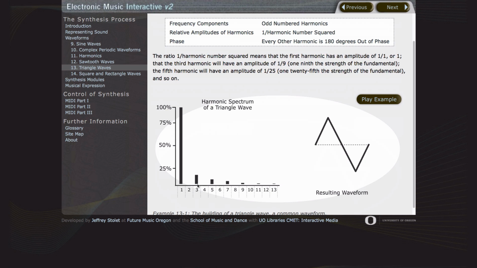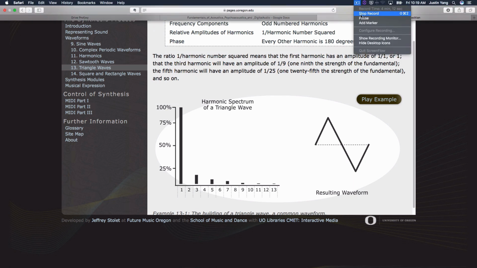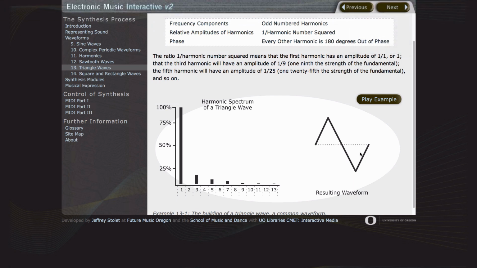So this has 1/9 the energy. This has 1/25, 1/49 the energy, etc., etc. So let's listen to that. And that's how a triangle wave sounds.